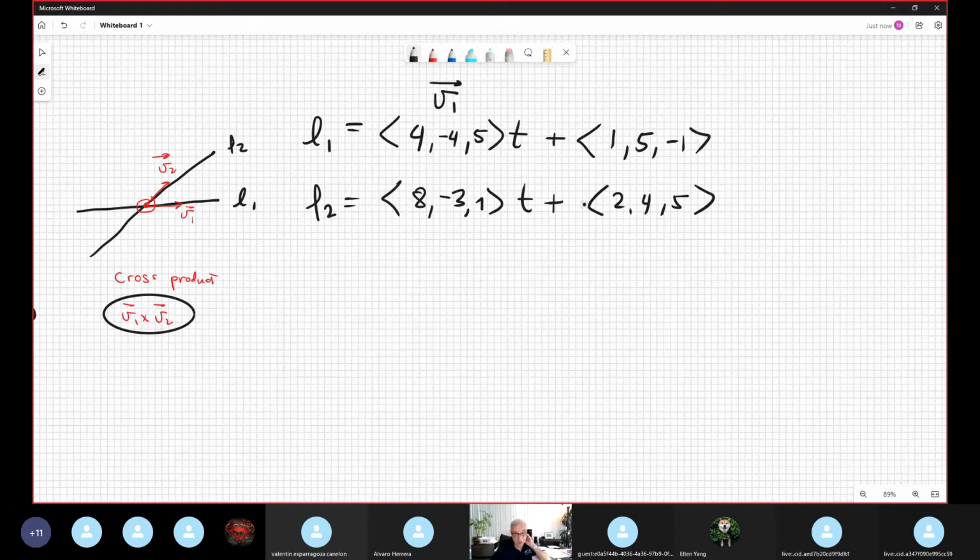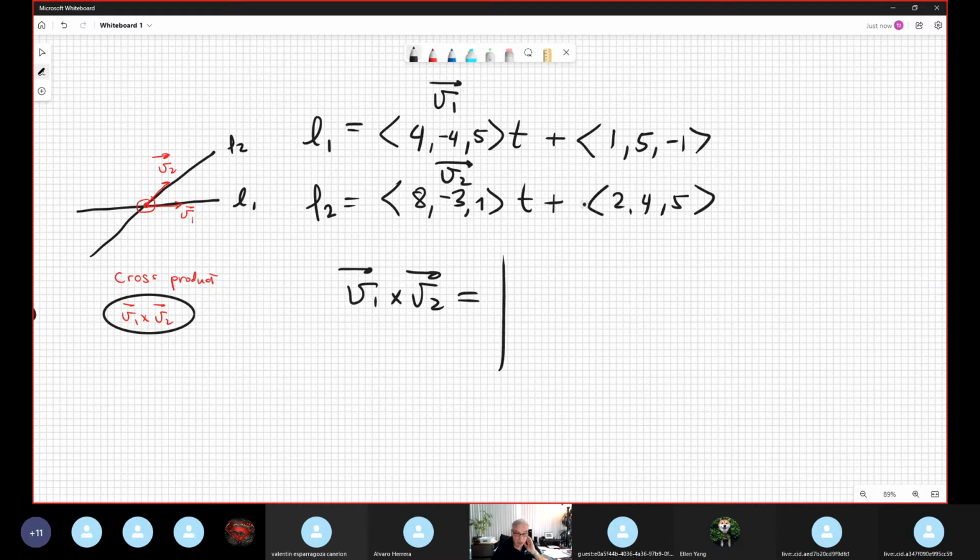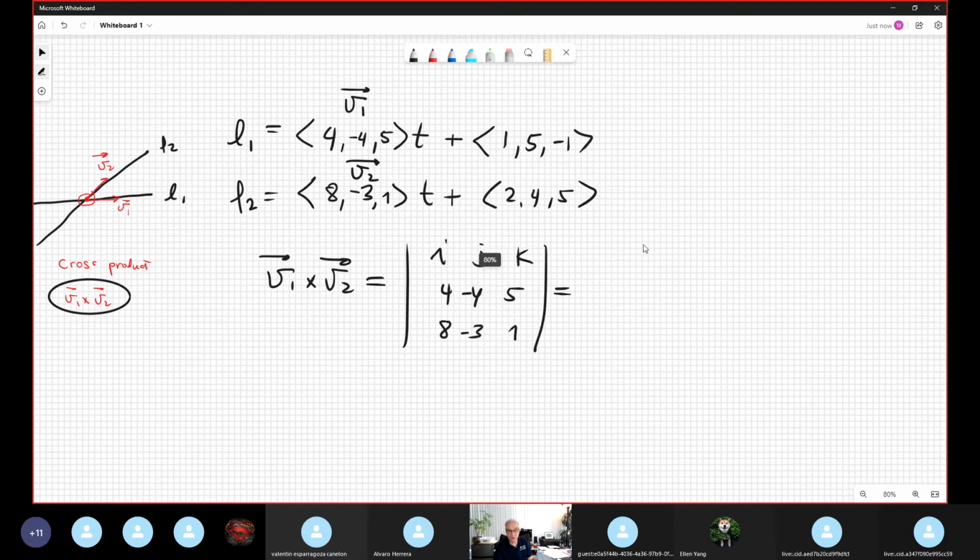Okay, super. First of all, identification: the direction vectors are B1 and B2, and you perform B1 cross B2, because that is the auxiliary vector that helps me to project. Okay, so we do i, j, k, 4, -4, 5, 8, -3, and 1. Boom. Do it by hand or using software.